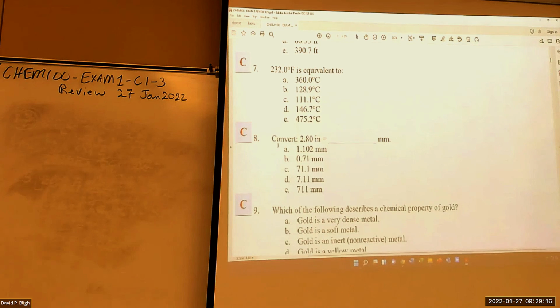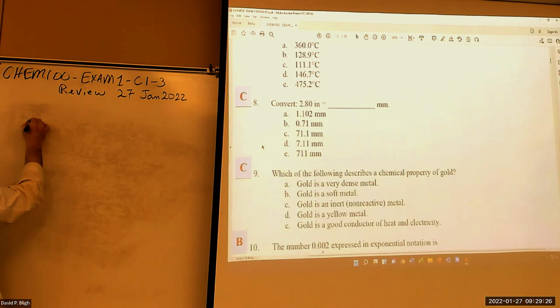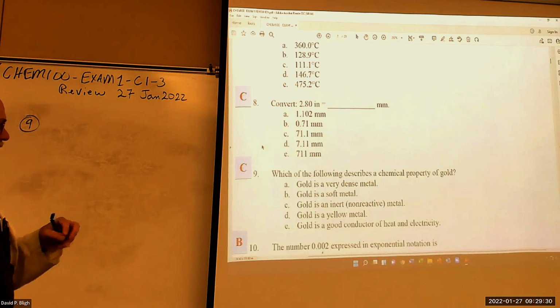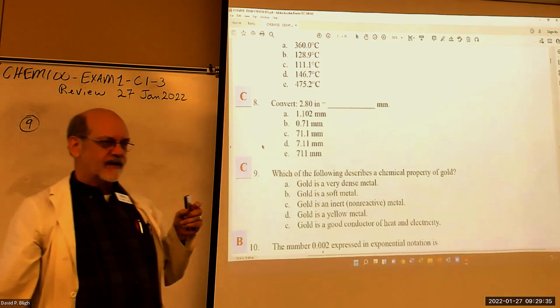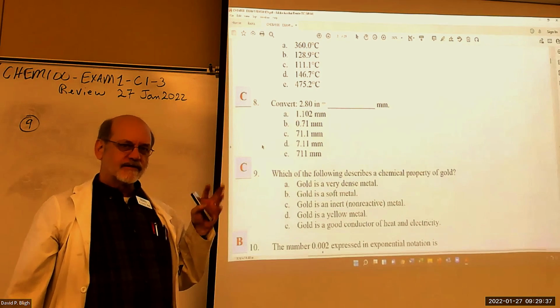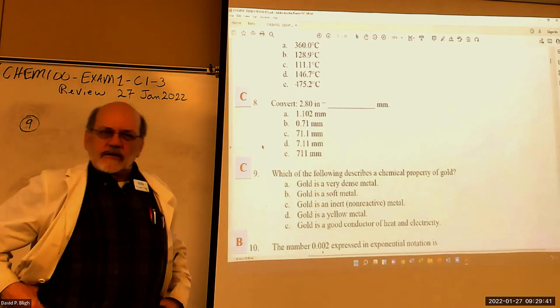9. Yeah. 9. Which of the following describes the chemical property of gold? So another thing about these multiple choice questions is look to see if there are any that say all of the above, none of the above, two of the above, only A and C, those type of squirrely ones.